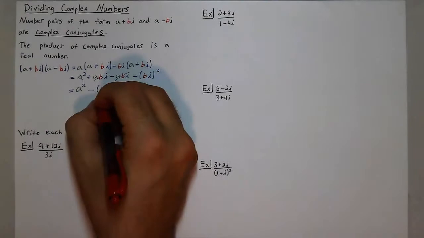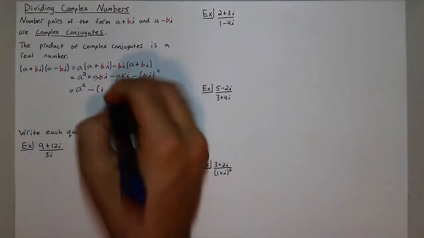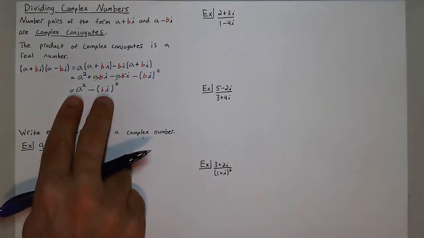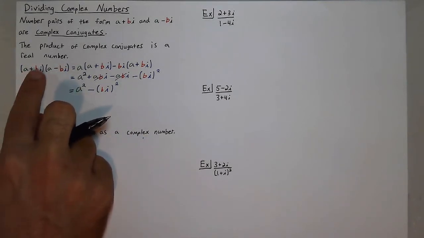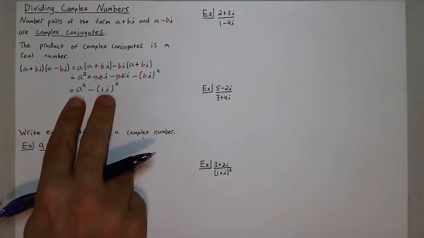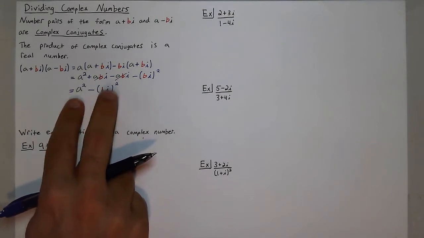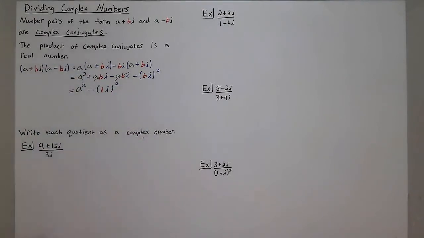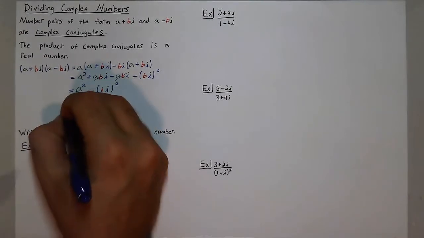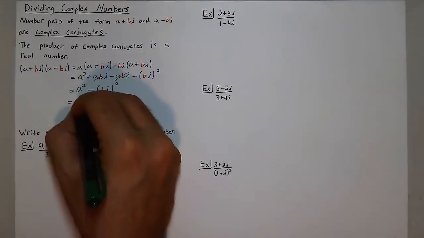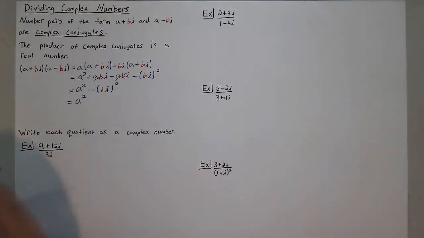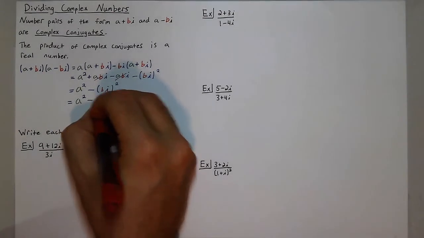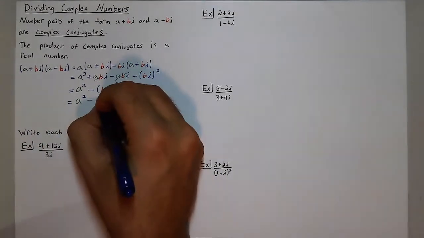The reason I wrote it like this is because this is a difference of squares, which would usually factor into a plus b, a minus b, whatever the square roots of those two numbers were. So I just want to show you that this is very similar to a difference of squares. Now if I finish this off, I'll get a squared minus b squared i squared.